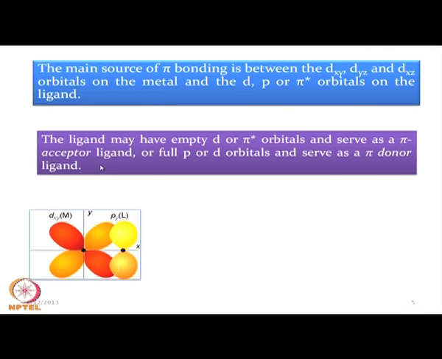Similarly, what we have discussed so far for sigma bonding interactions is that a ligand can have sigma donor capability as well as sigma accepting capability, though sigma star orbitals are pretty high in energy and may not be utilized for accepting electron density from the metal orbital.